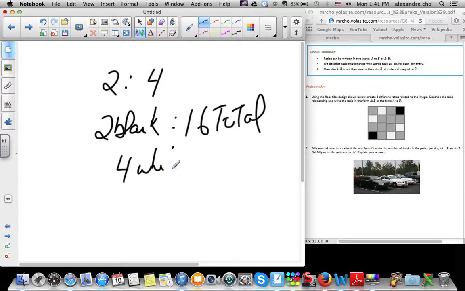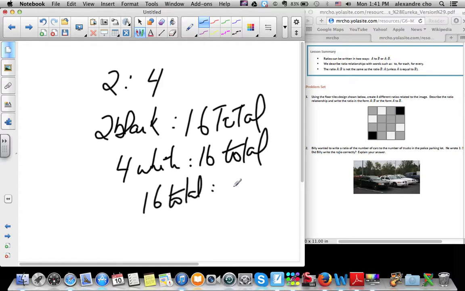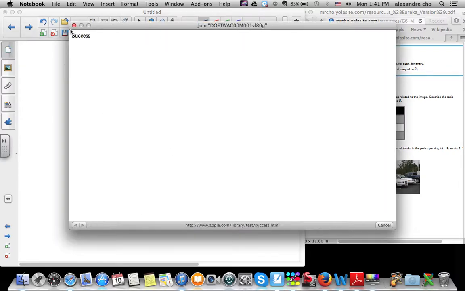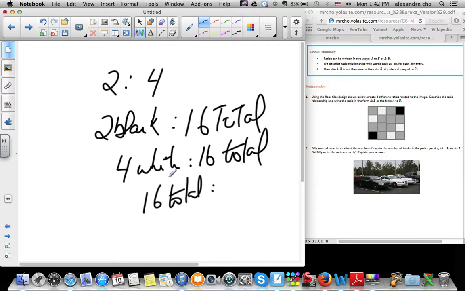There are 4 white for every 16 total. And one more, I can reverse this. I can write 16 total to 4 white. So there are 4 ratios. Part to total, and total to part.